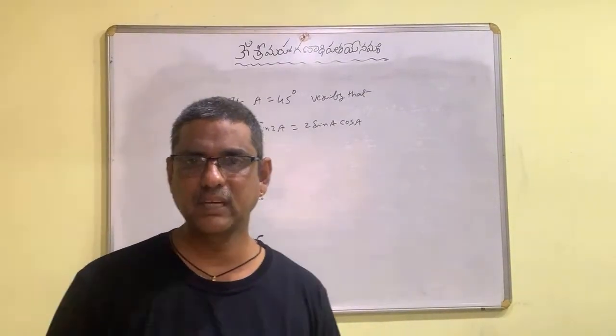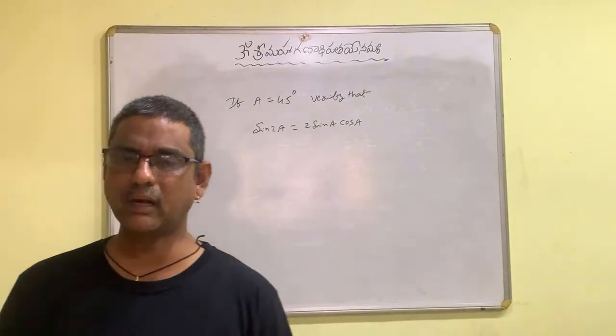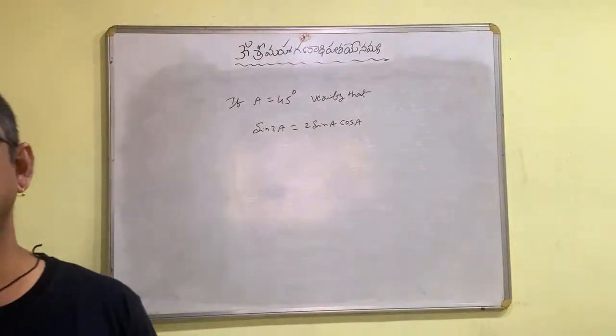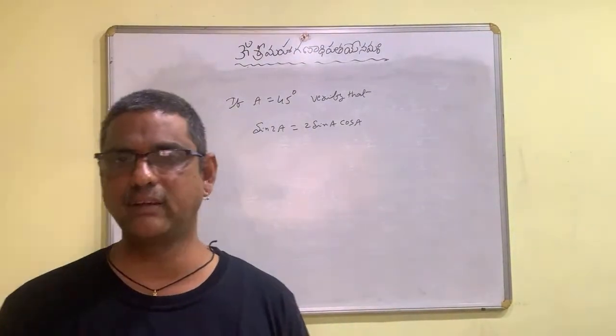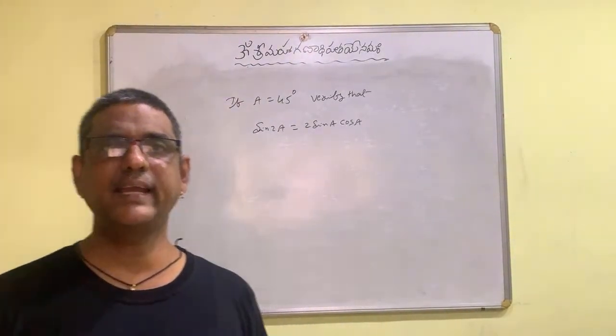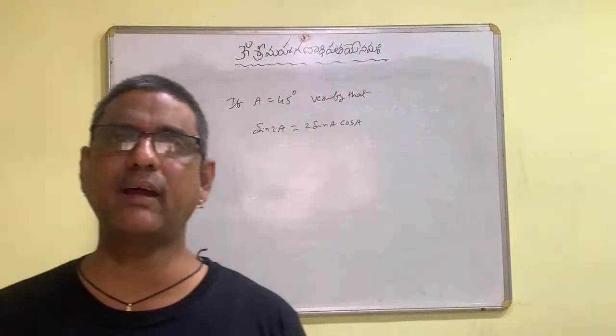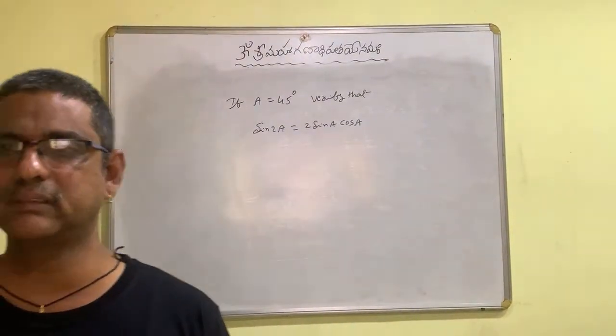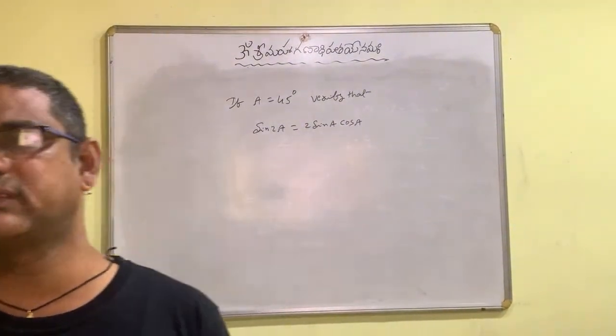I think everyone is sleeping. I am not getting any answer. Twice of angle A is 90. Very good. So we need to prove that sin 90 is equal to 2 sin 45 into cos 45. That is the central idea of the question.